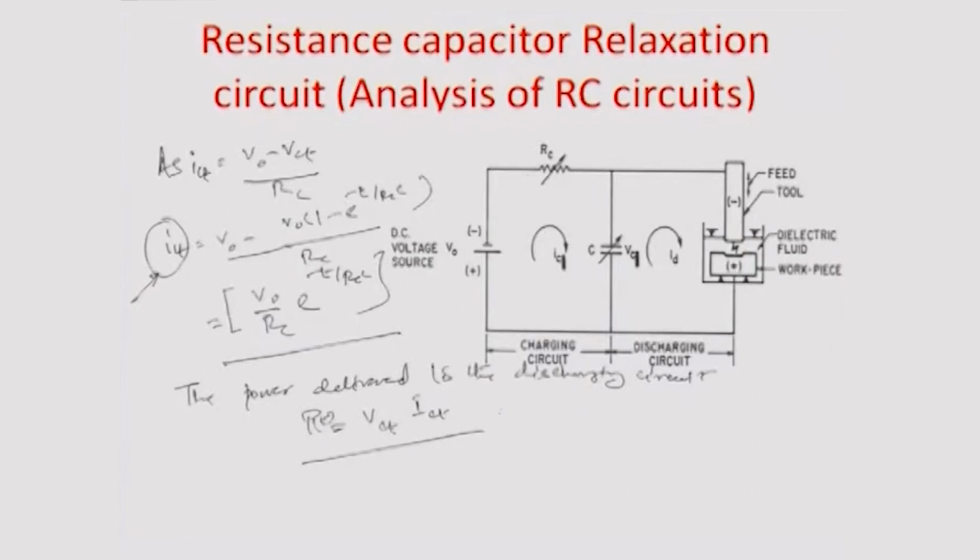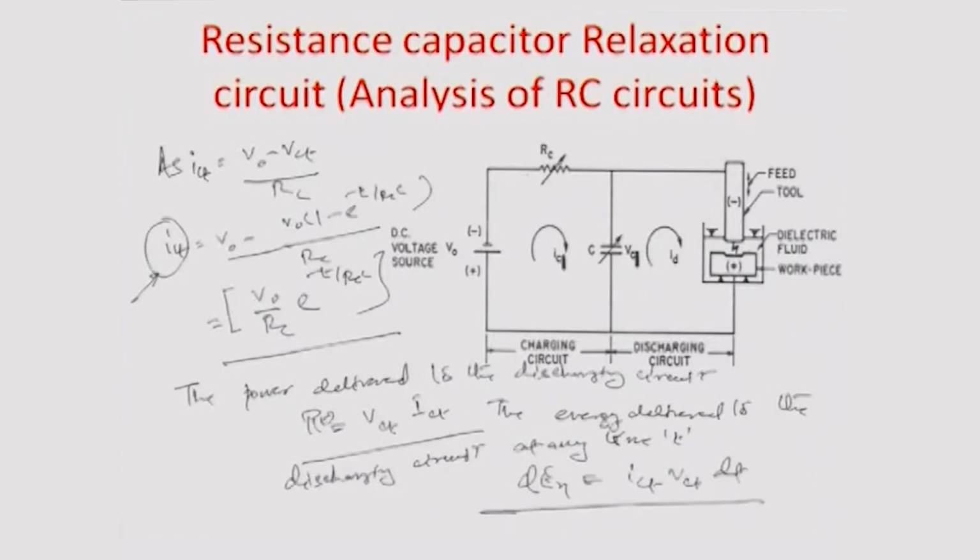And so, the amount of total energy delivered to the discharging circuit at any time t is given by dEn equals IC(t) VC(t) dt. That is the amount of energy which is discharged at a certain instance of time.